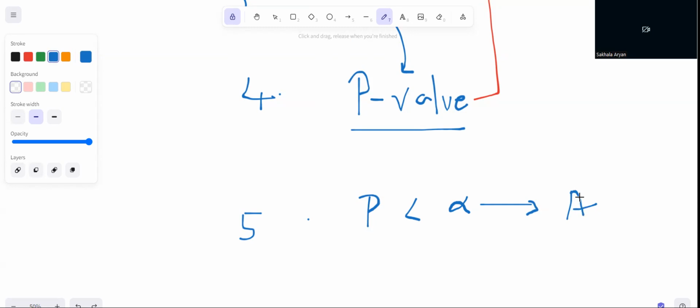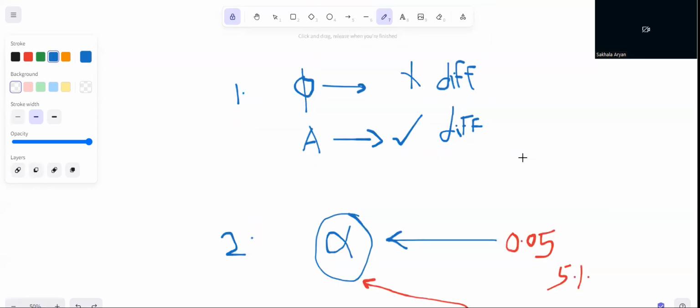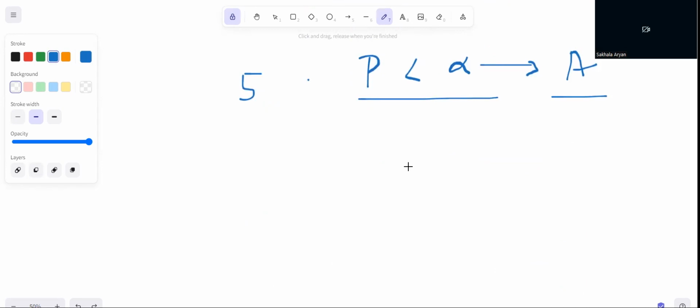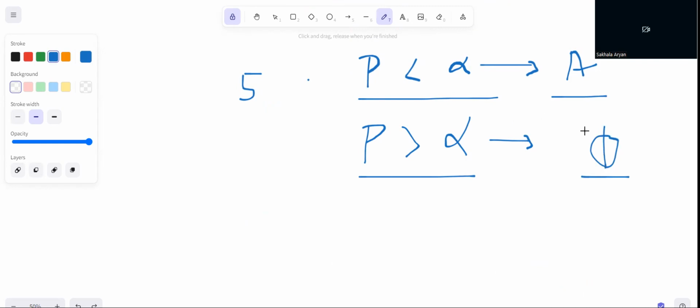Our alternative hypothesis is saying that there is a significant difference. So if the p-value is less than alpha, I'll go with my alternative hypothesis. If my p-value is greater than alpha, I'll go with the null hypothesis. What is my null hypothesis? My null hypothesis is basically that there is no significant difference.